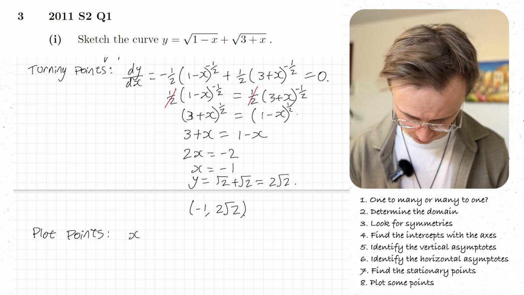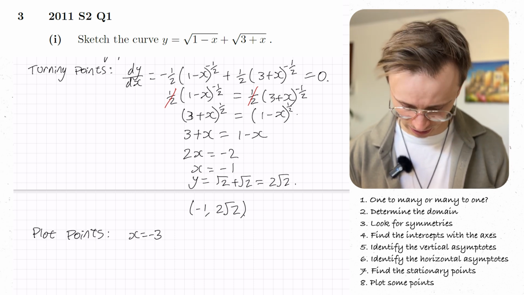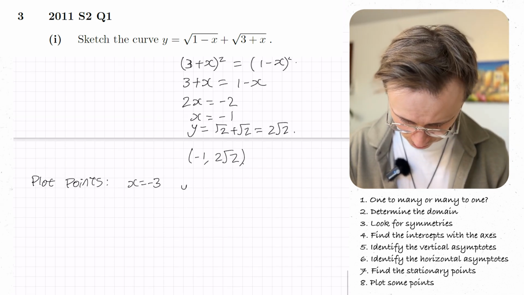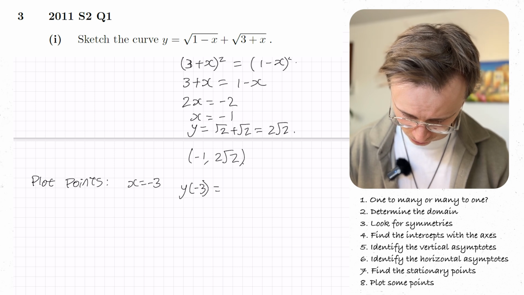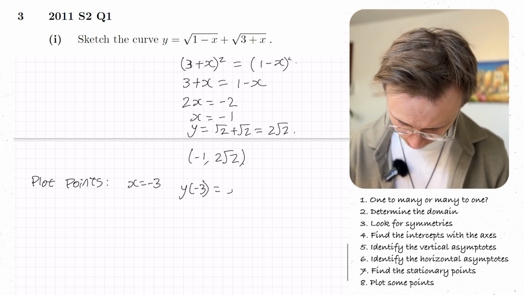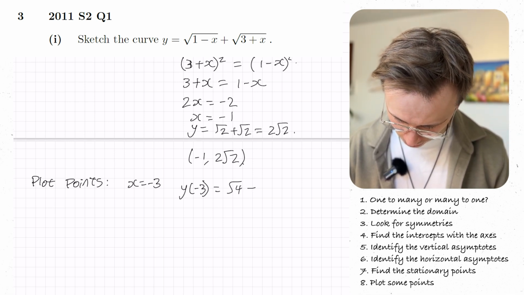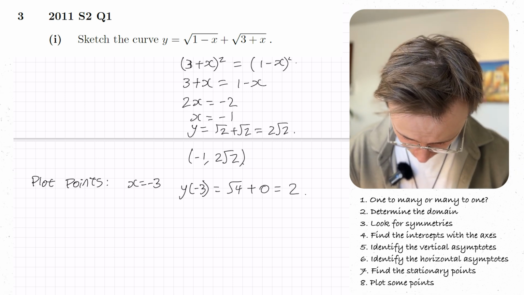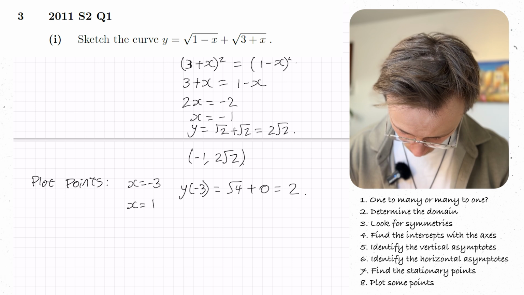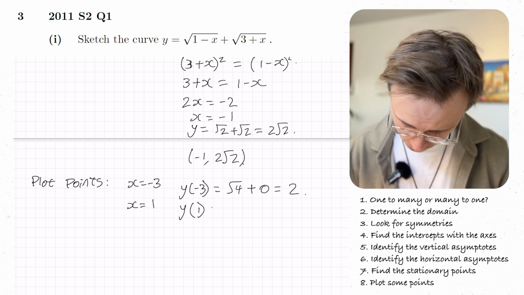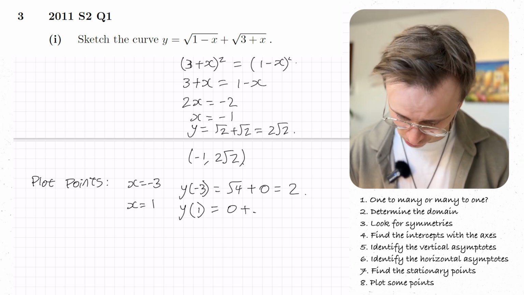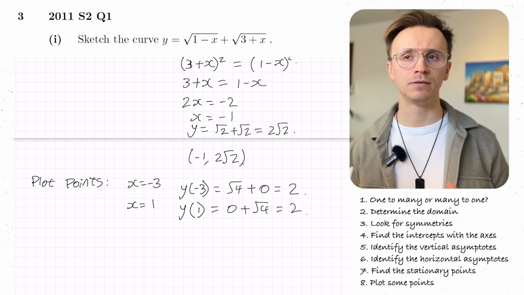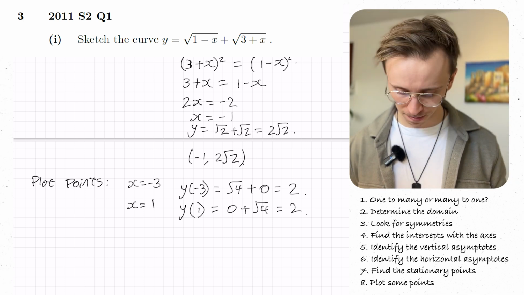At x equals -3, I get y(-3) equals square root of 4 plus 0 equals 2. And then at x equals 1, I get y(1) equals 0 plus the square root of 4 equals 2. Again, hinting at that symmetry.